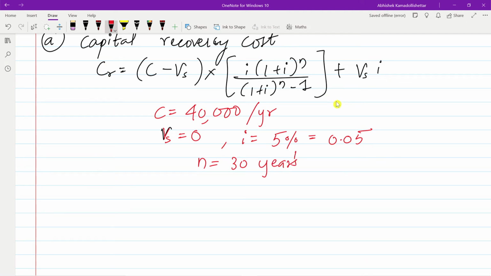Substitute all the values in equation 2.